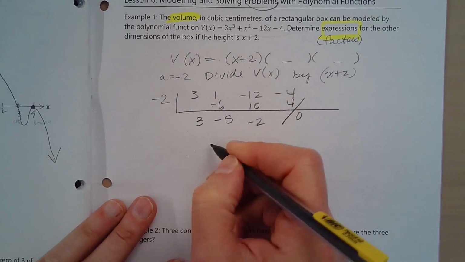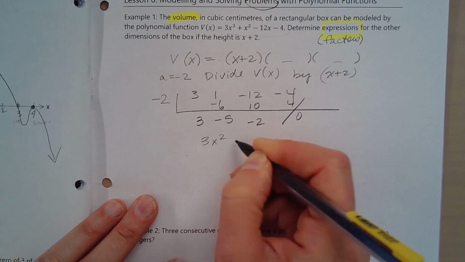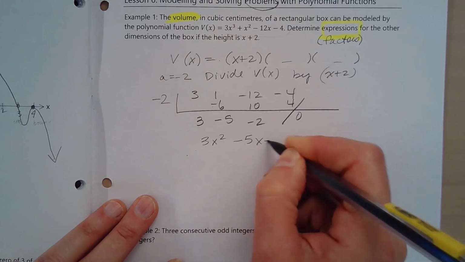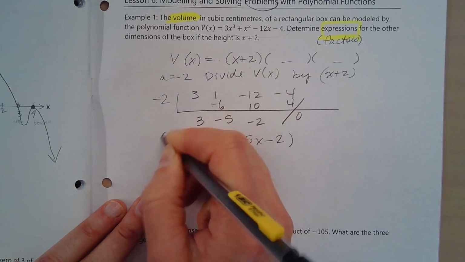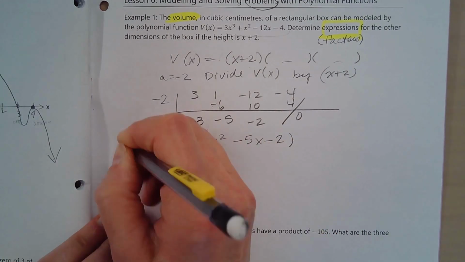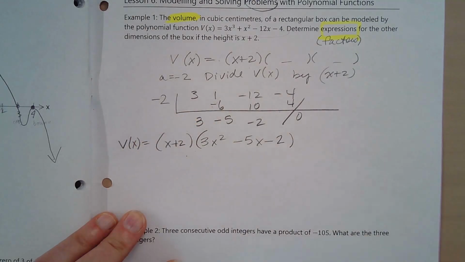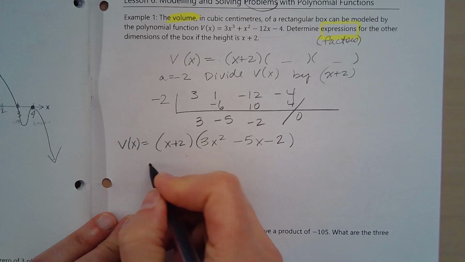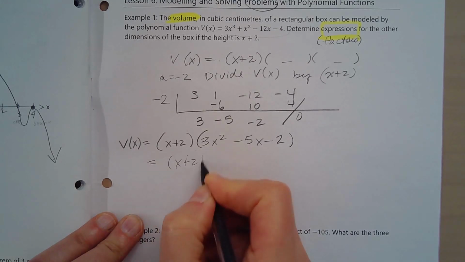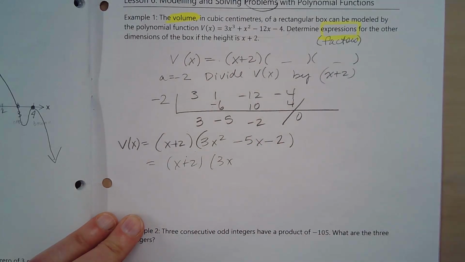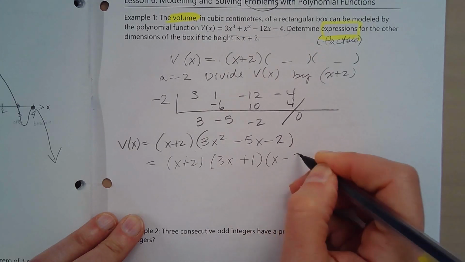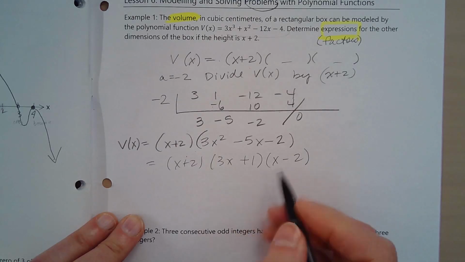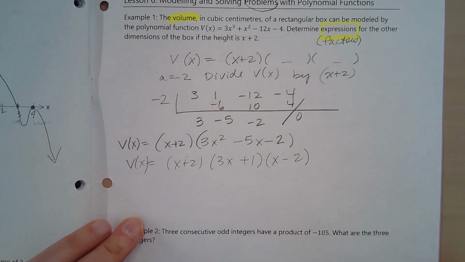I have 3x squared minus 5x minus 2 times x plus 2, and that's the volume of this thing. Factoring further, 3x plus 1, x minus 2. Yeah. So that's it. I can't go any further.